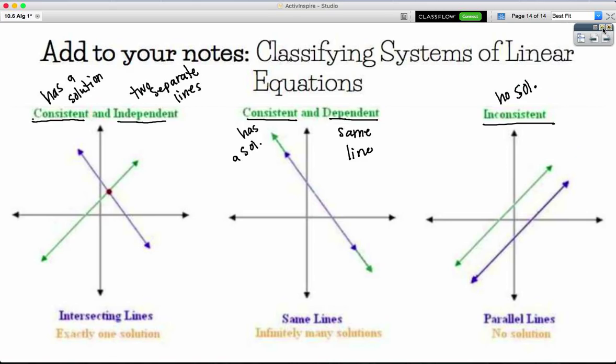So consistent means it has a solution, inconsistent means it does not. Independent means it's two separate lines. Dependent means it's the same line. So we could also technically say that a set of parallel lines is inconsistent and independent because it is two separate lines, but more importantly, it does not have a solution.